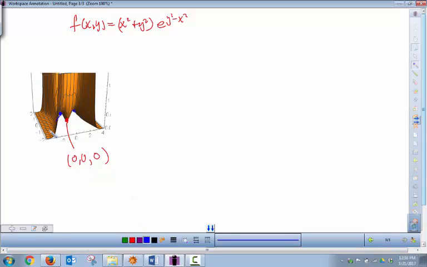So these must be the other points that we were concerned about. This would be (1, 0). If we want the z value, the z value would be 1 times e to the negative 1, so 1 over e, basically. And then I think this will have the same z value.